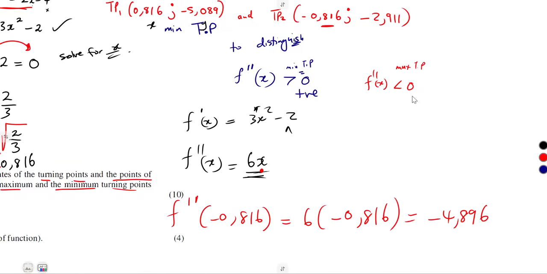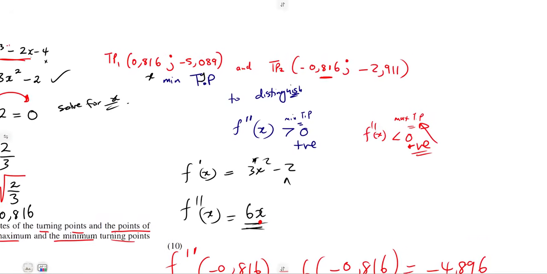A negative, less than 0, that's a negative value. So it means from where you took that x value, which gave us a negative for the second derivative, that point is a maximum turning point. So therefore, guys, the second turning point, because it gave us a negative second derivative, represents what? A maximum turning point. Remember, I explained this one in our introduction.